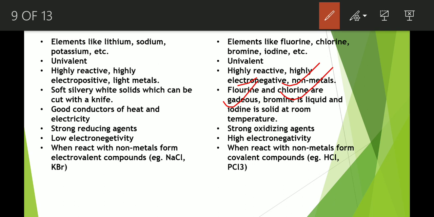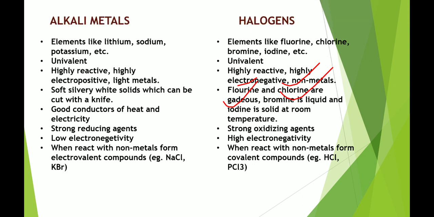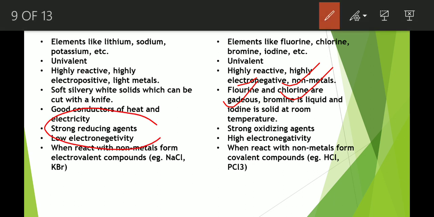Some are gases, some are liquid, and iodine is solid at room temperature. Clear? Now, moreover, alkali metals are good conductors of electricity and heat, but halogens are bad conductors of electricity and heat. Alkali metals are strong reducing agents and halogens are strong oxidizing agents.